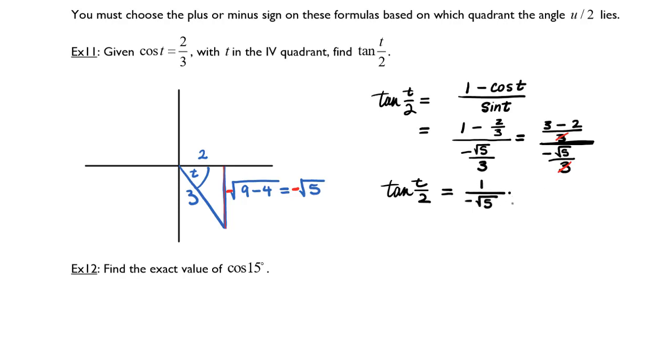If I rationalize this, it's not going to change the value of it, but it will make it look prettier. And I will have negative root 5 over 5. This is the value for tangent of t over 2.